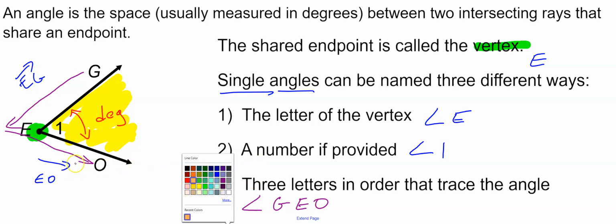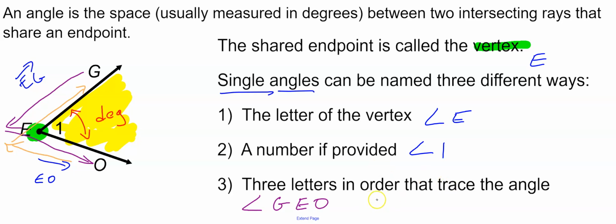If I start at O, I can go to the vertex and up that way. That would be angle OEG. Notice in both cases, the vertex is always in the middle. Don't forget to draw in these examples and get the colors on your page as well. They will really help with your understanding.